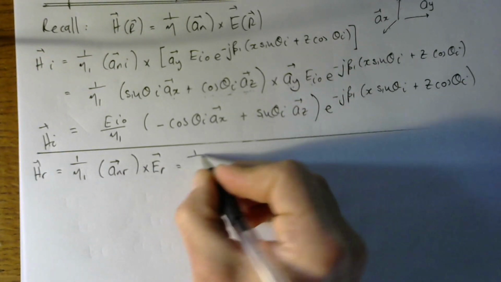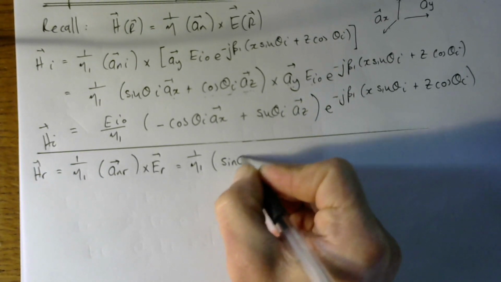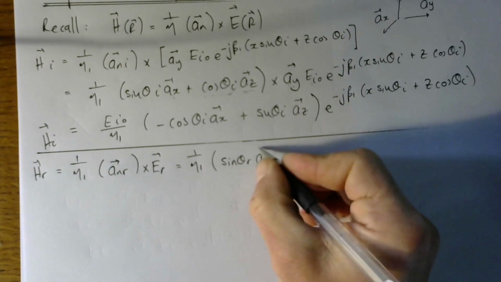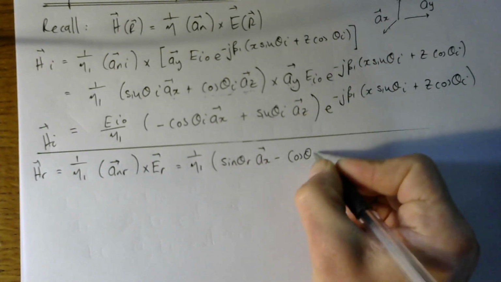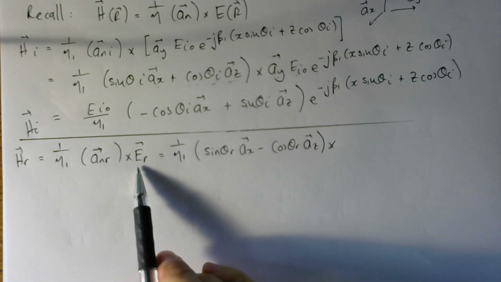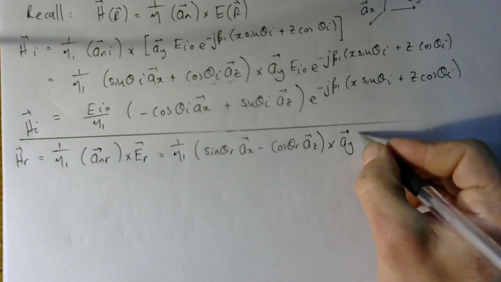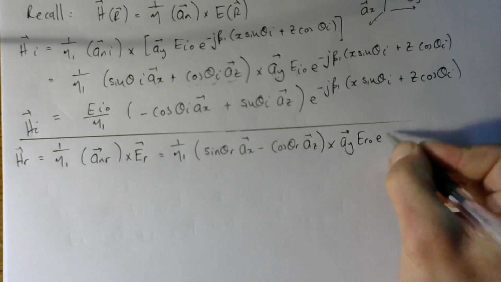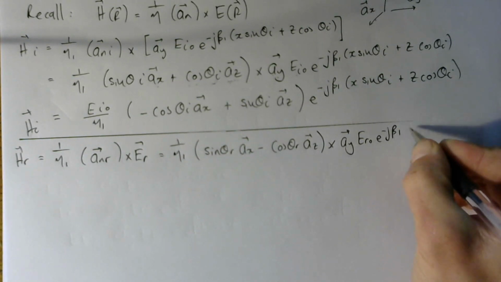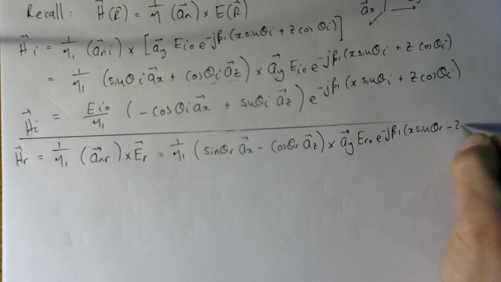It's 1 over eta 1, sine theta r in the x direction minus cos theta r in the z direction, cross my expression for ER, which is AY ER0 e to the minus j beta 1 times x sine theta r minus z cos theta r.